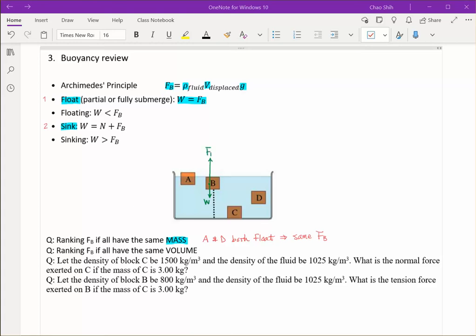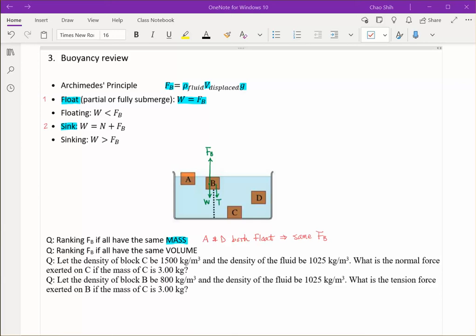Because it connects with the string. So it connects with a string, meaning there's a string force going downwards. Will the string force equal to the weight? Well, not necessarily. It depends on the situation. But the sum of these two is going to be equal to your buoyancy force.